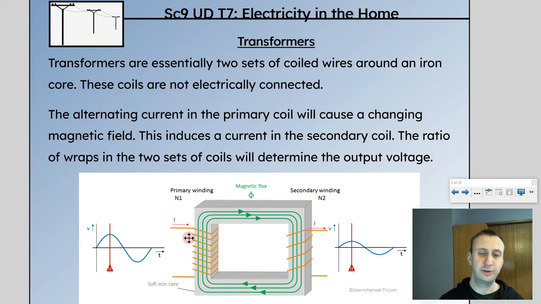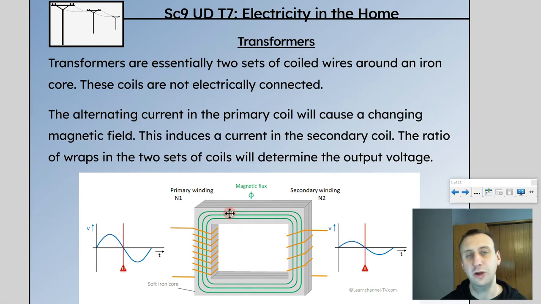As alternating current goes through there, it causes a changing magnetic field. Essentially, this is an electromagnet, because I have current going through a wire. Because that current is constantly changing, it's causing a constant change in the magnetic field. Well, we know that when we have a constant change in a magnetic field around a wire, that induces a current in the wire.